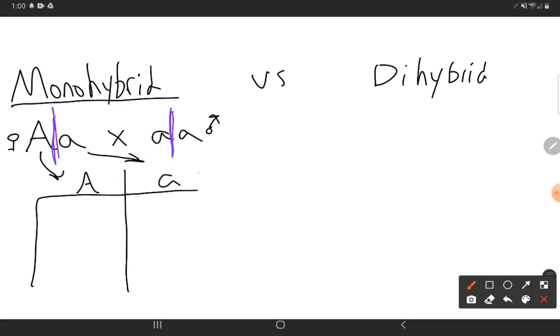These represent her eggs. Notice that there's only one allele, which means instead of being diploid, they are haploid.